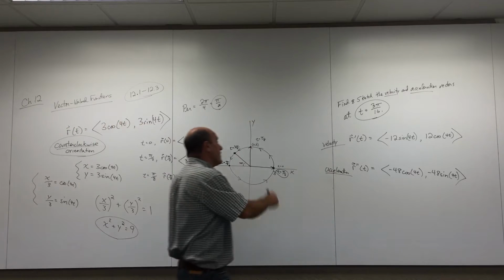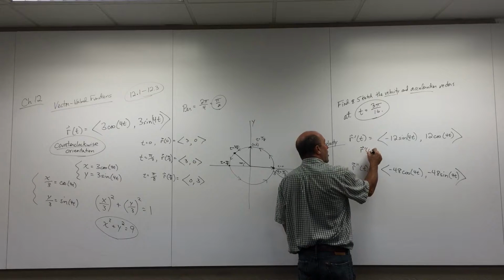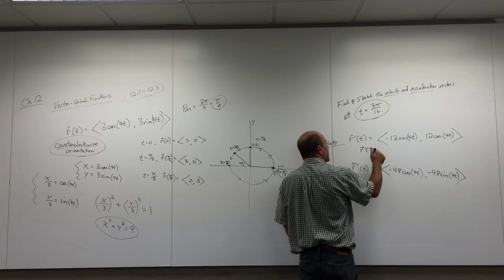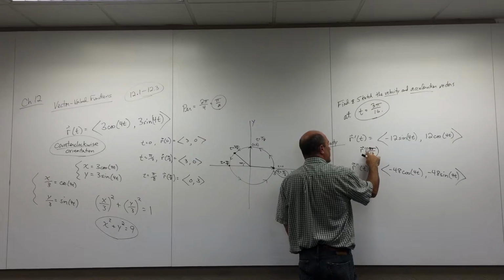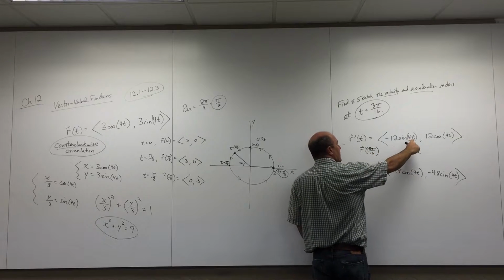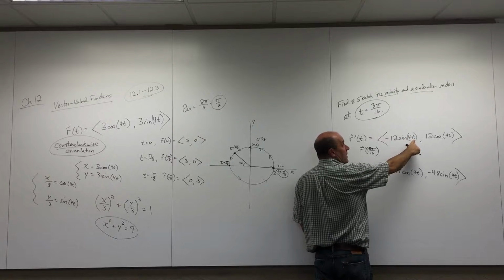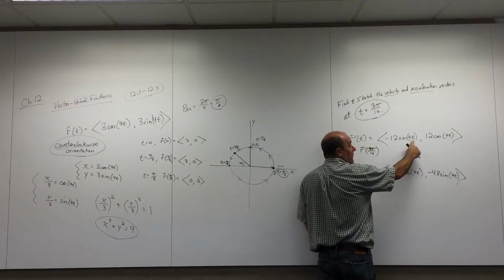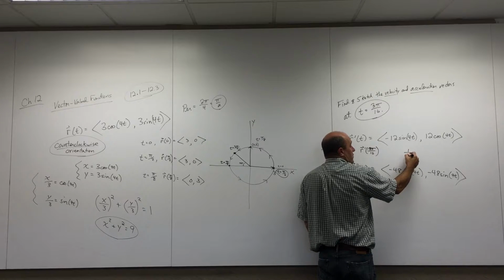Anyway, let's get these numbers. So I want r prime of 3 pi over 16. Now you don't really need a calculator, I don't think. Watch. If you plug in 3 pi over 16, the 4 and the 16 cancel, you get 3 pi over 4. The sine of 3 pi over 4 is 1 over the square root of 2.